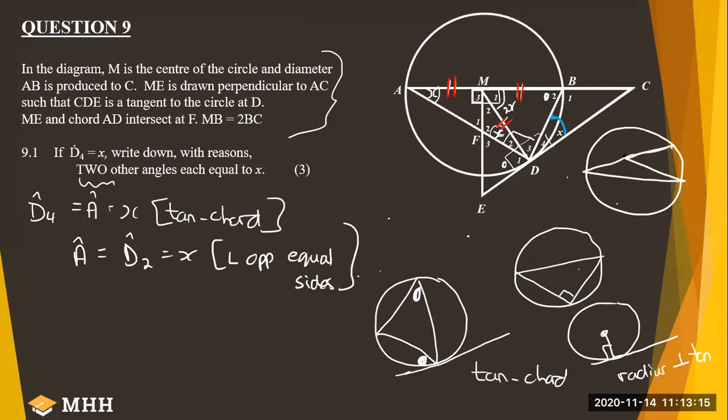Although this is a straight line, we are used to it not being a straight line. Where that is an X, this one will be a 2X, angle at center.